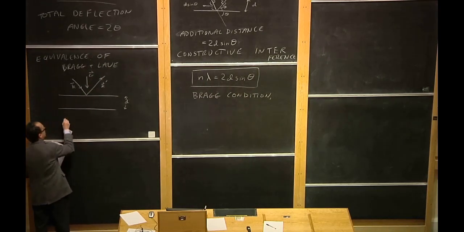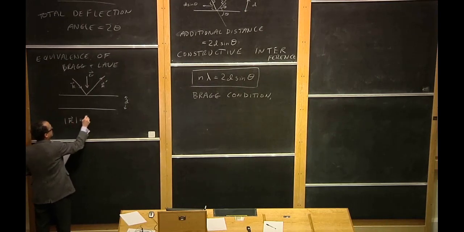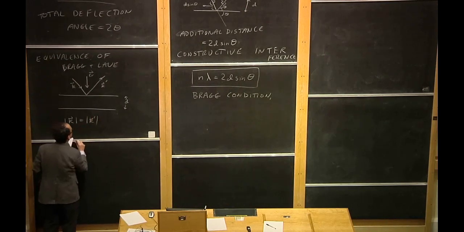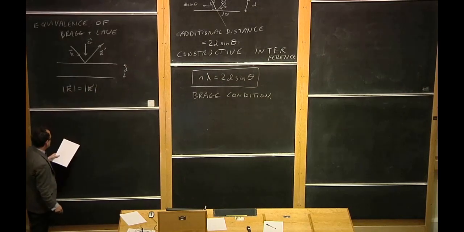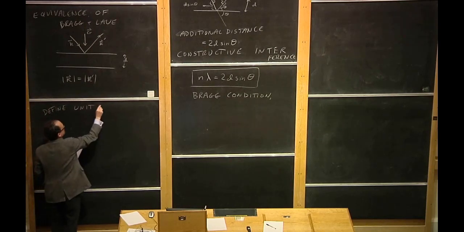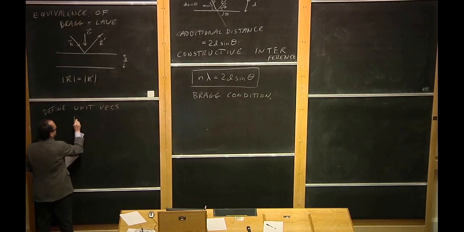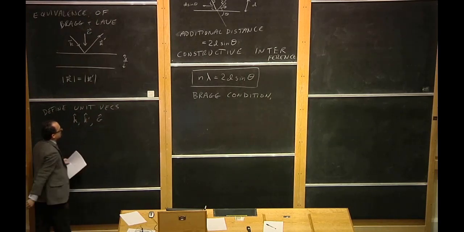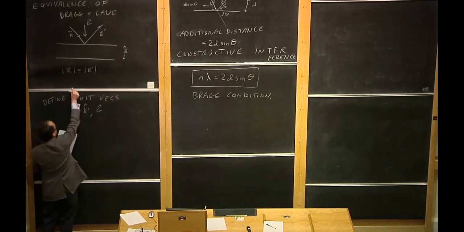Since we have elastic scattering, the magnitude of k and the magnitude of k prime are the same, and let's define some unit vectors, k hat, k prime hat, and G hat, pointing in the appropriate directions.